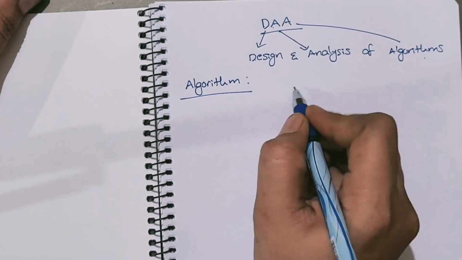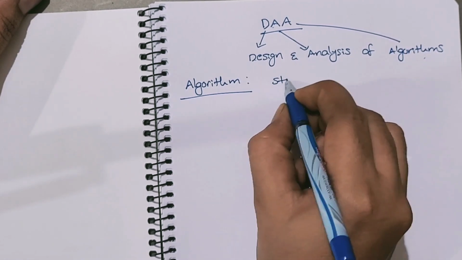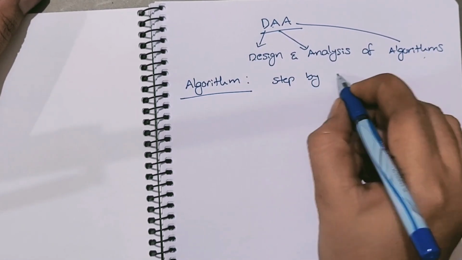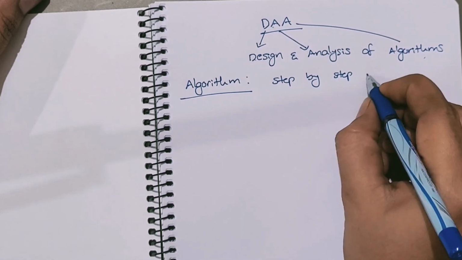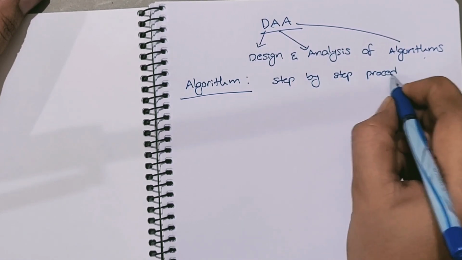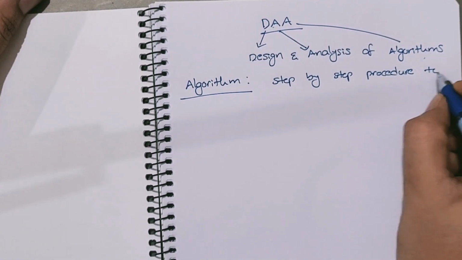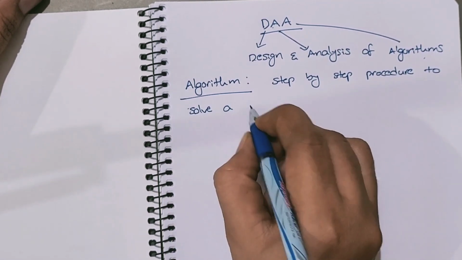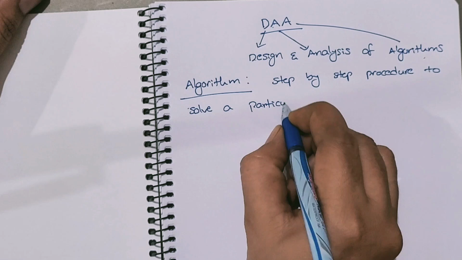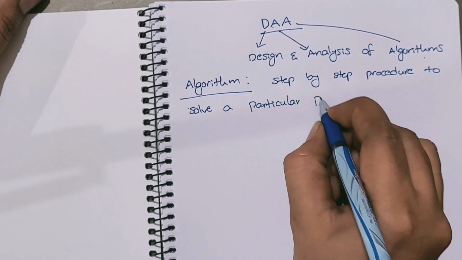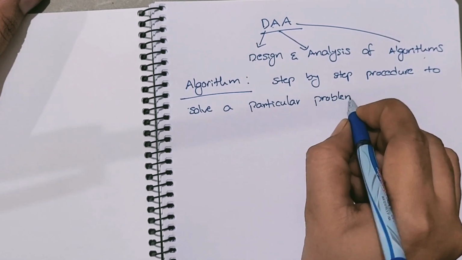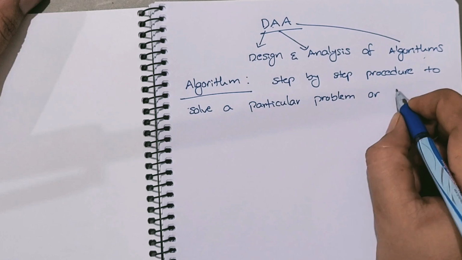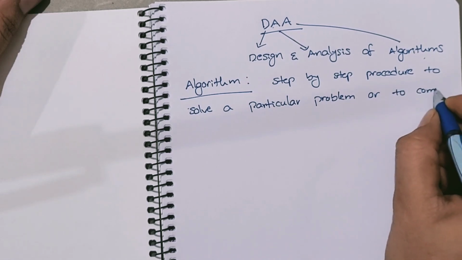So an algorithm is nothing but a step-by-step procedure to solve a particular problem or to complete a particular task.